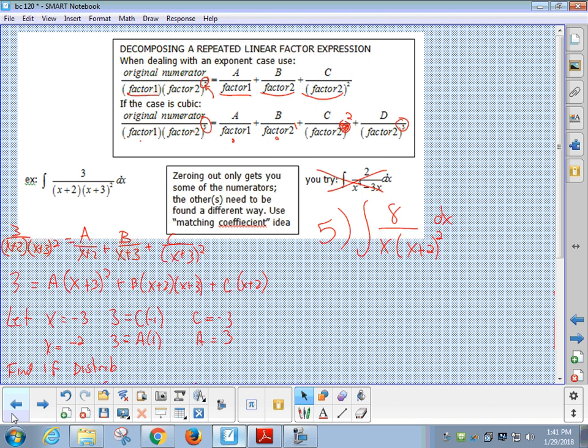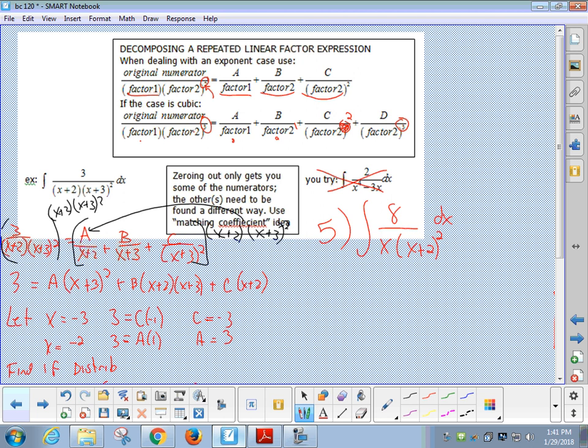I'm going from here to here by multiplying by the common denominator on both sides. It's mathematically allowed because I'm multiplying both sides by it. When I do that, the x plus 2 drops, leaving x plus 3 squared. See what I'm saying here?